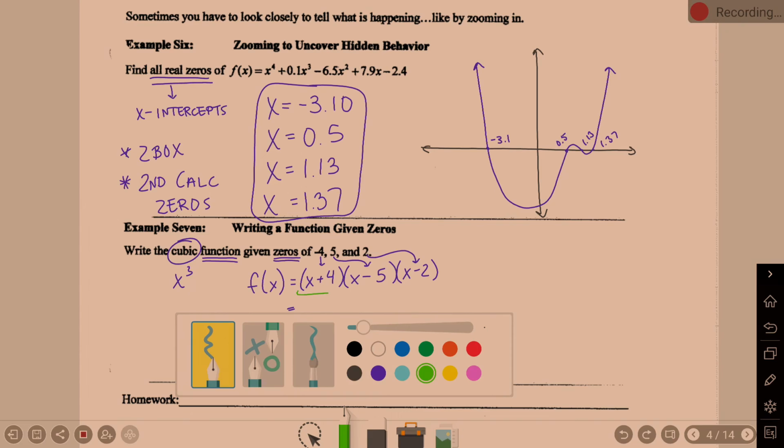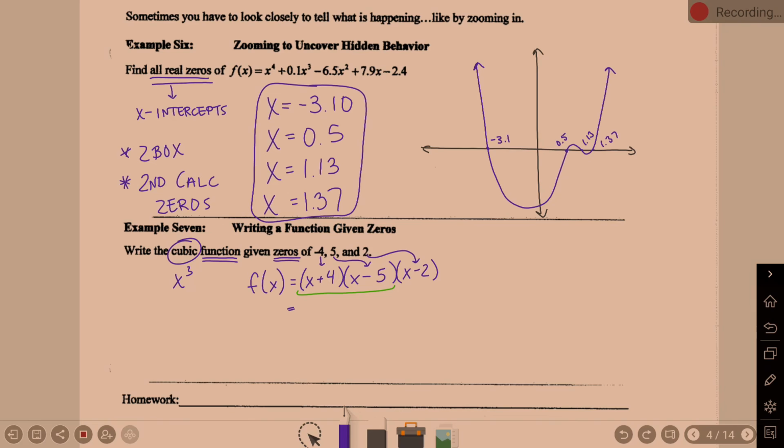I personally am just going to pick the first 2. Not that you have to, but when you FOIL the first 2, x times x is x squared. X times minus 5 is minus 5x. X times 4 is 4x.